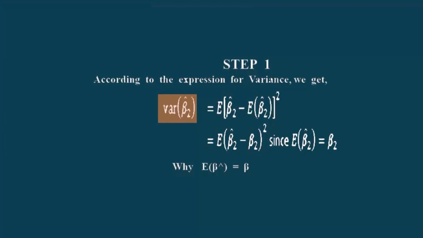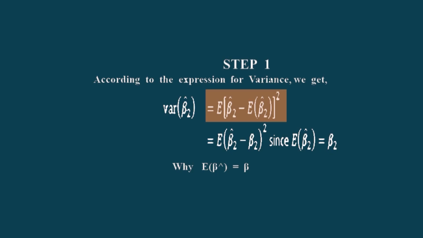For the minimum variance property, we start from the basic expression of variance of any random variable, say x. The variance of a random variable x goes by the expectation of x minus the mean of x, whole square. In this case, we can refer to this expression for the variance of beta 2 hat. Whenever we refer to beta 2 hat, it is the estimated slope coefficient under the ordinary least squares model already derived.